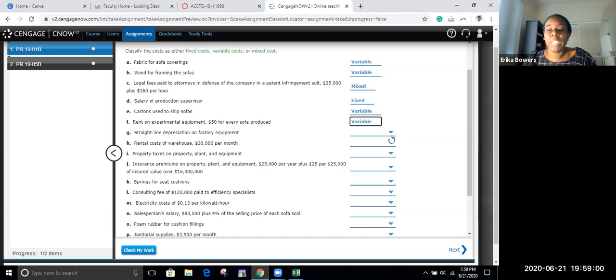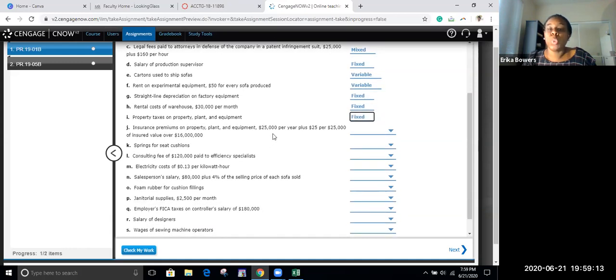Straight line depreciation, we know depreciation is fixed. Rental cost of warehouse, we said rent is fixed. Property taxes on equipment, that's fixed. Insurance premiums, $25 per year plus $25 per 25,000 of insured value over 16 million.